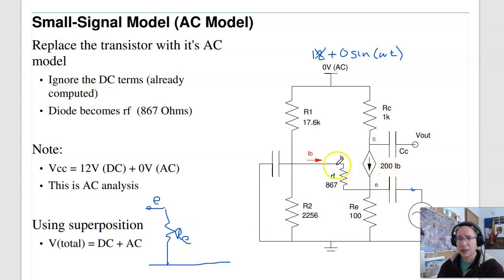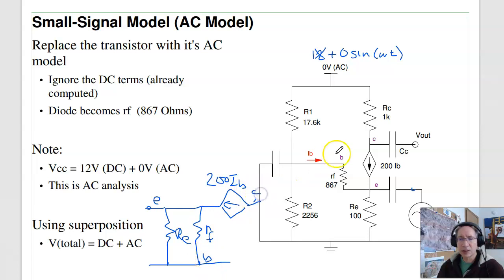Emitter then goes to base, which is tied to ground through RF. Emitter goes to collector through your beta IB. And this was the base.